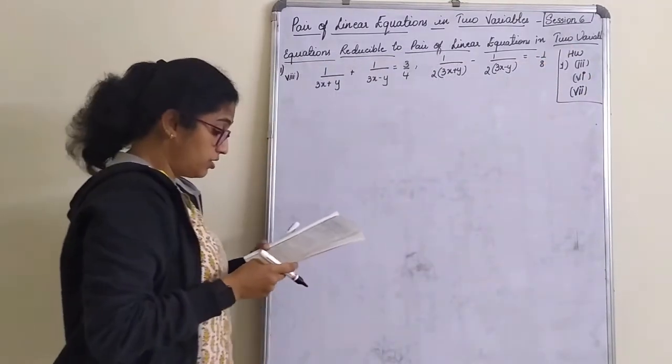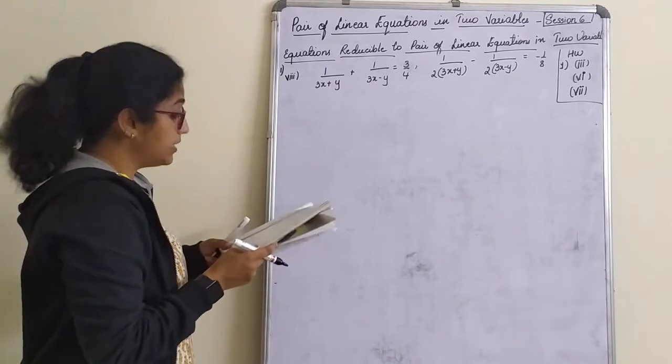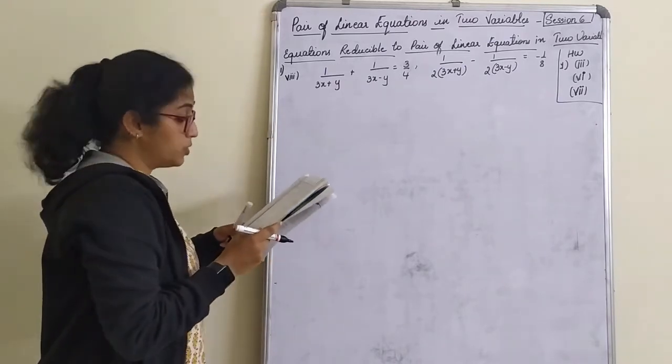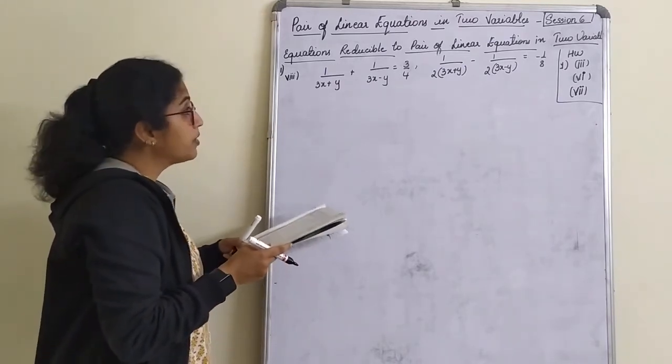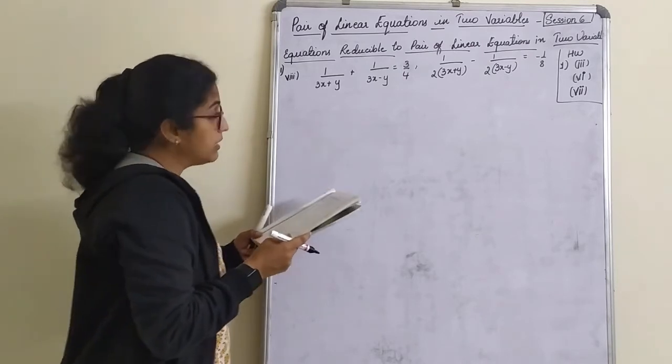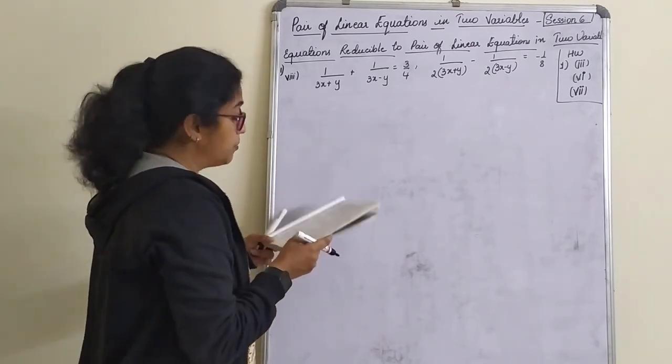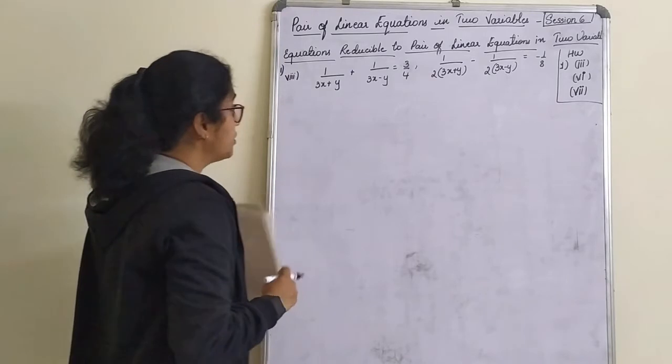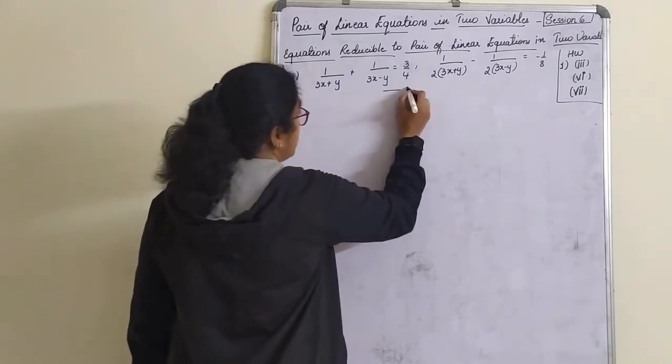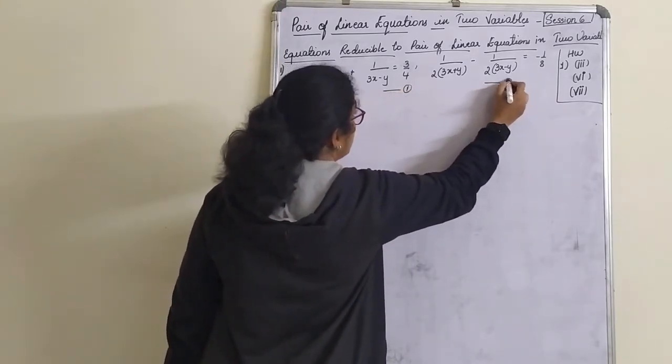Check with the equation: 1 upon 3x plus y plus 1 upon 3x minus y is equal to 3 by 4, and 1 upon 2 of 3x plus y minus 1 upon 2 of 3x minus y is equal to 1 by 8. Original equation 1 and original equation 2.